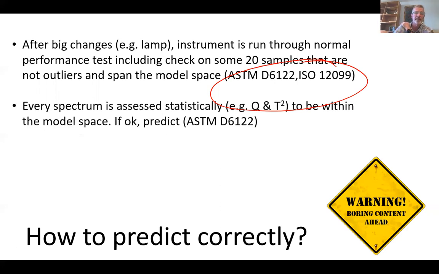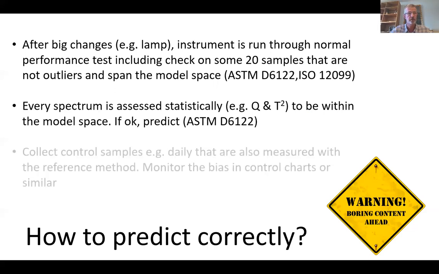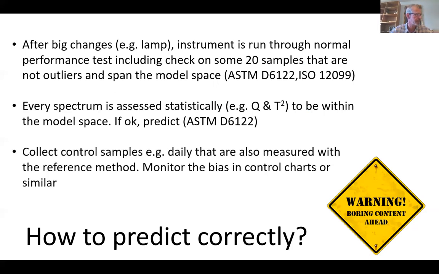And you would typically, while you're using your model, assess in different ways whether the model continues to work as intended. And sometimes you will have control samples where you also measure the reference. So if you're trying to predict color, you measure a sample where you know what the color is going to be.